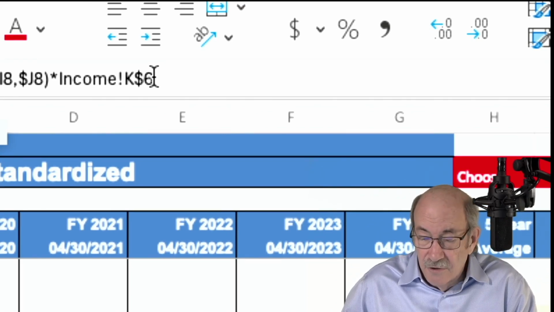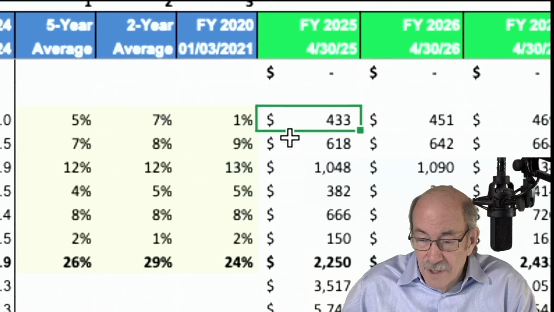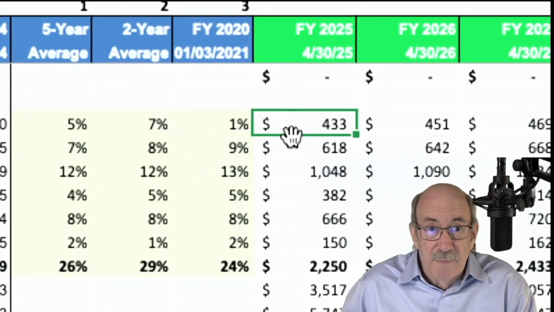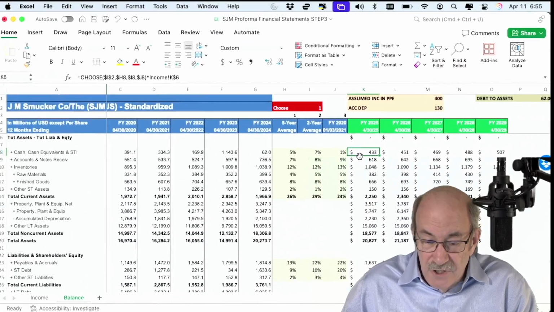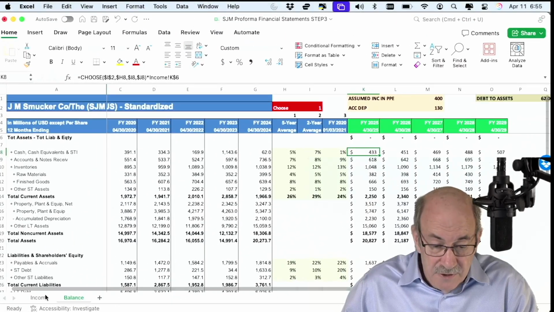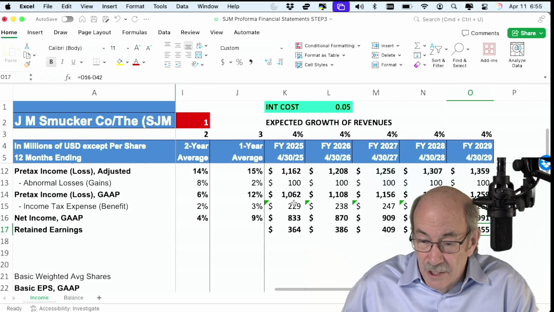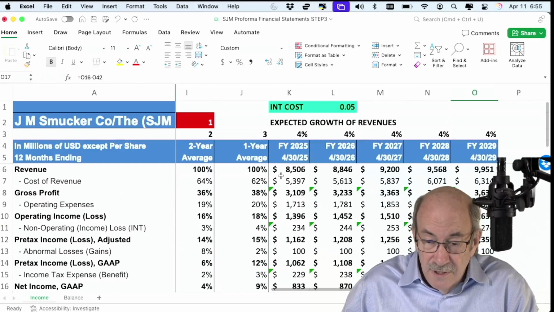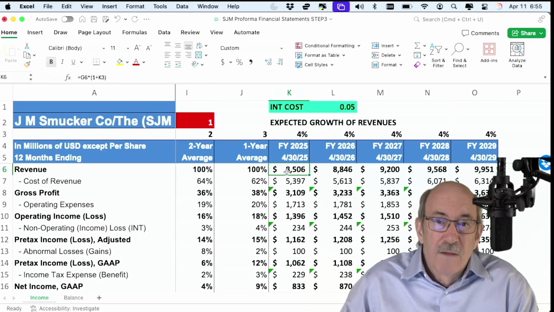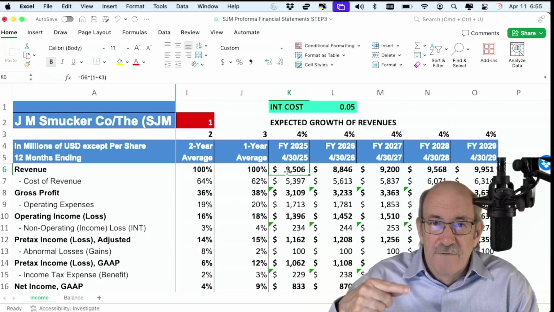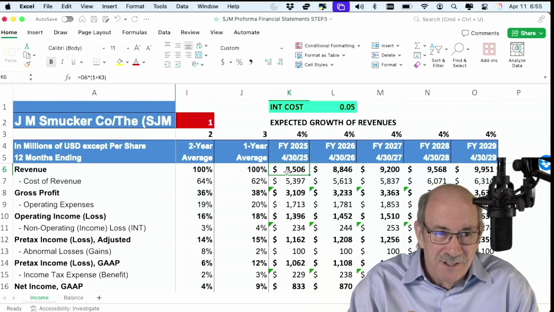That's cell K6, so that's my new cash balance. Let's just go back and double check here. K6, there it is. So that's actually my 2025 revenue, which is driving my 2025 cash on the balance sheet.